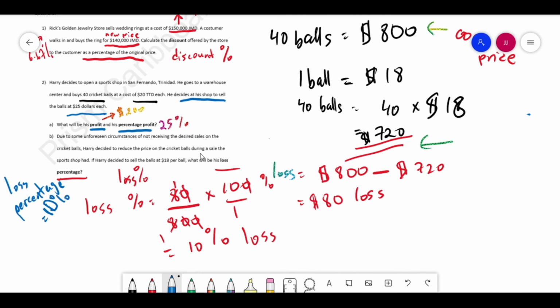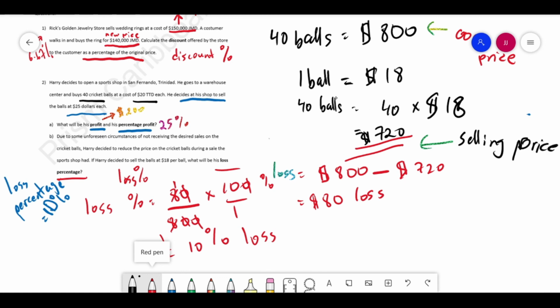So let's go over that one more time. This question once again is asking for the loss percentage. He originally sold the 40 balls for $800, and now he decides to sell one ball for $18. Originally there were 40 cricket balls, so the new selling price is $720.